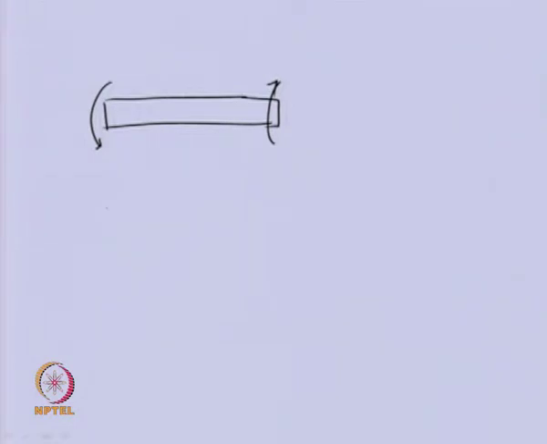Sometimes we provide some kind of external damping in the shaft. So, we join this shaft with some kind of external damper like this. When this shaft undergoes torsional oscillation, whatever fluid is there between these two will get churned, and because of this there will be heat generation, and some of the energy of the shaft will dissipate as heat.